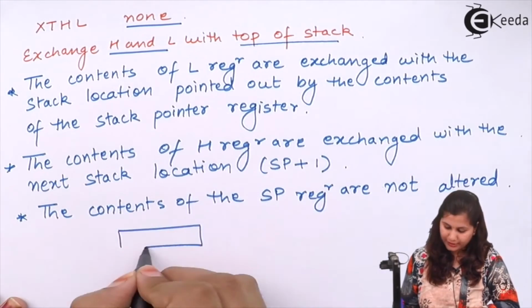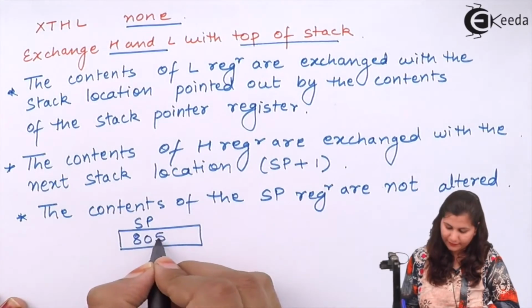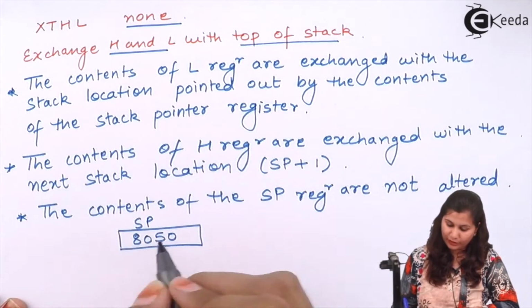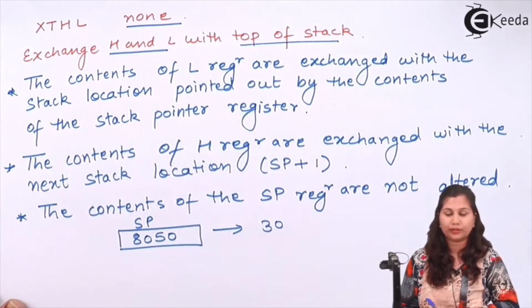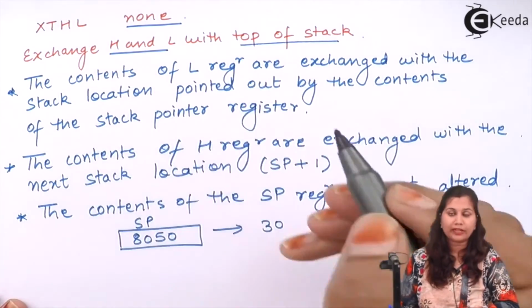So in the stack pointer register, if we have 8050, then the contents of this memory location, suppose at 8050 we have 30 stored, will be exchanged with the contents of the L register.